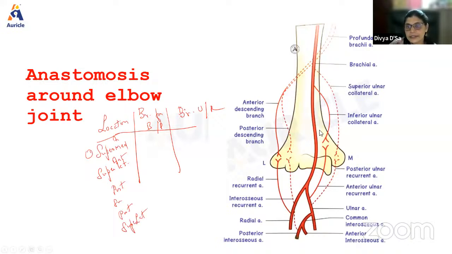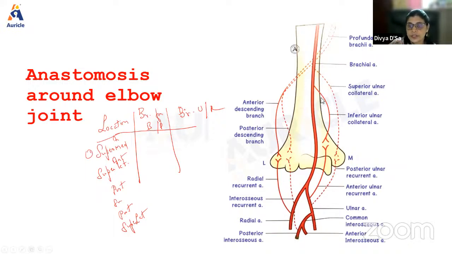Anteriorly, superior-medially, we have the inferior ulnar collateral artery. Collateral is like a bypass road. You have the main road which goes to a destination, and there is a bypass road which also goes to the same destination. That is the collateral.